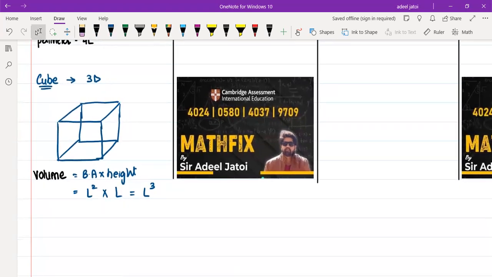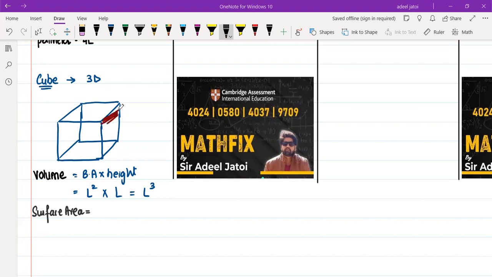Similarly, if we need to find out the surface area, what is surface area? Surface area is the area of all the shapes in the figure.